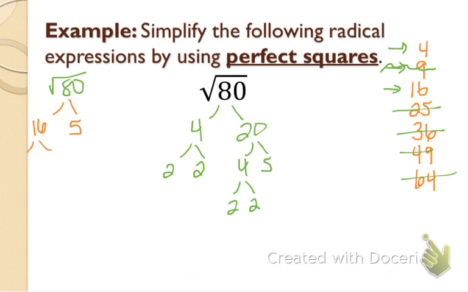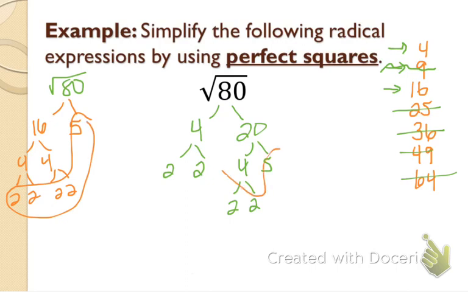We can break up the 16 with 4 and 4. 5 is already prime, nothing we can do there. 2 and 2, 2 and 2. But in the end, as you can see, we would have had the same result as we did here. So regardless of the number you choose, you should still end up with this prime factorization.